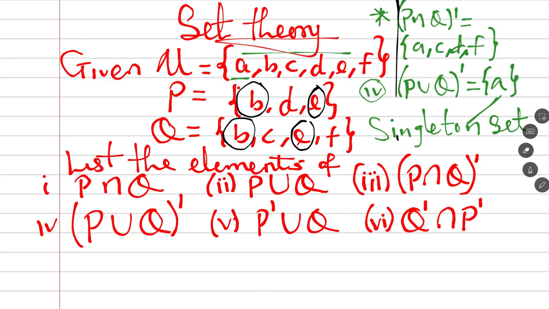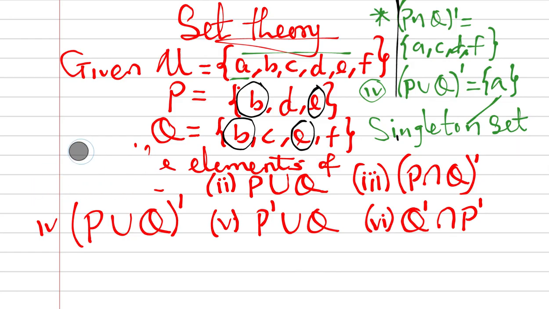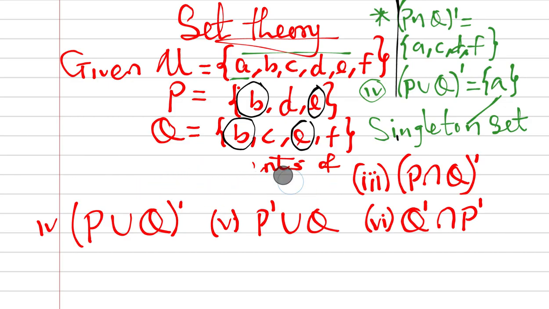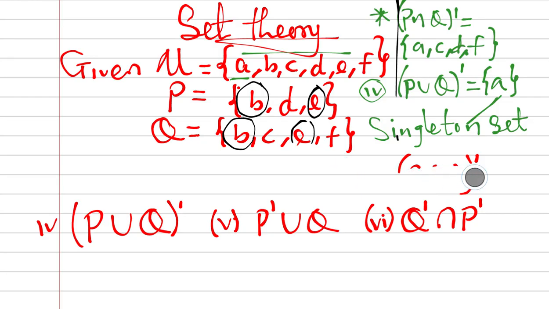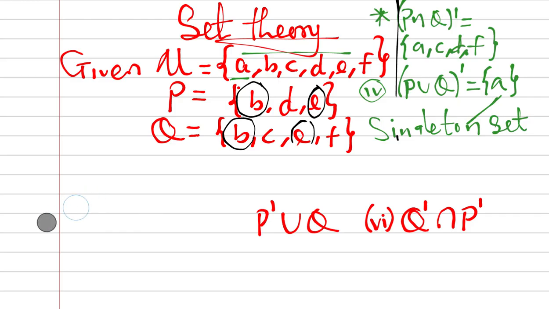That's the first thing you have to get from this place. P prime means elements in the universal set but not in P. So the first thing you need to do now is to get your P prime first.